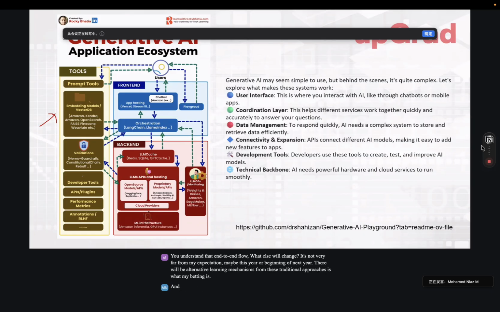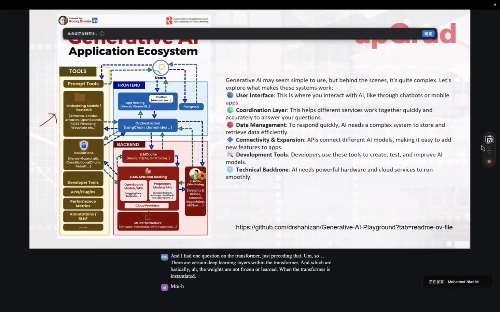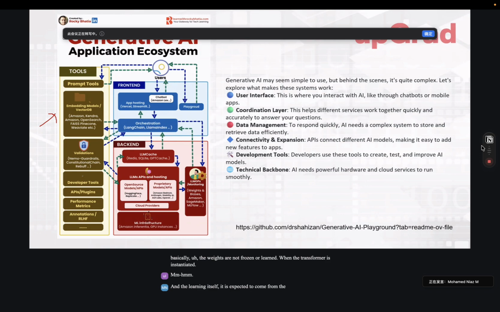And I had one question on the transformer. There are certain deep learning layers within the transformer whose weights are not frozen, and the learning is expected to come from the overall learning of the end-to-end system, right, Professor?